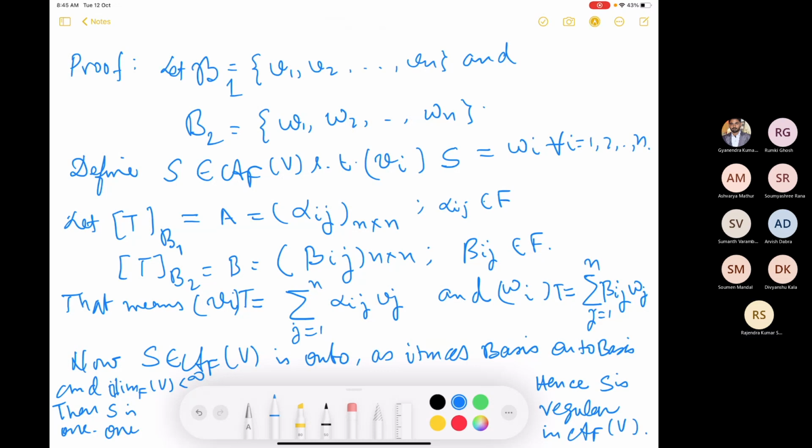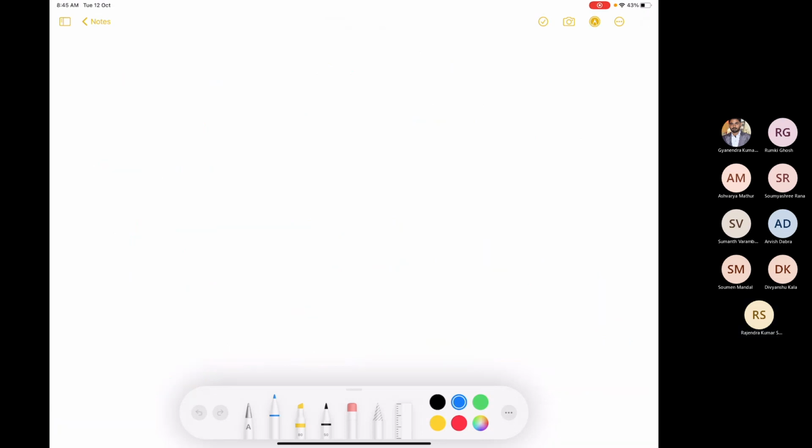Okay, so we have got this: S inverse exists. Now this ViS is equal to Wi will give us an interesting thing. Now, ViS is Wi.